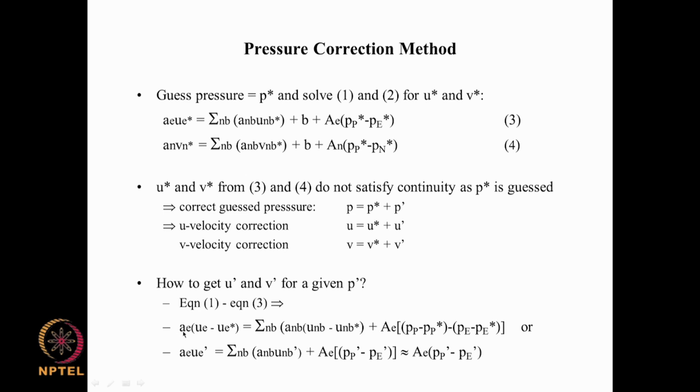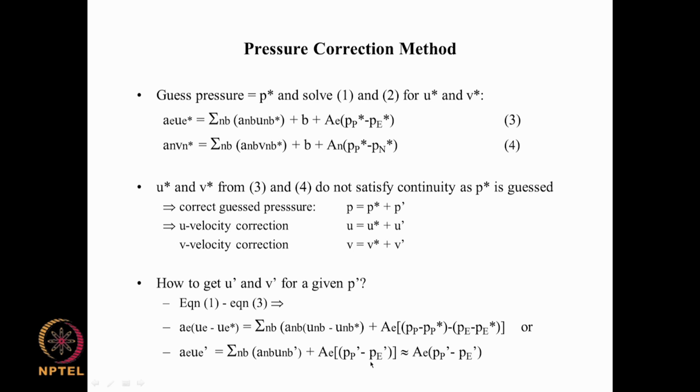The subtraction will give us AE times (UE minus UE star) plus the sum of all these things, where each of them is expressed as UNB minus UNB star. Now we know that UE minus UE star is U prime from the definition. So we can say that this subtraction of 3 from 1 will give us AE UE prime equal to the sum over the neighboring points of ANB UNB prime plus AE times the pressure correction at P and the pressure correction at E.